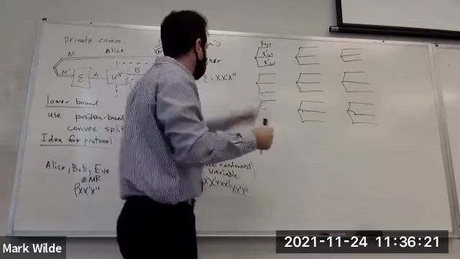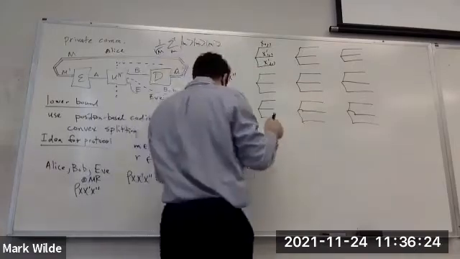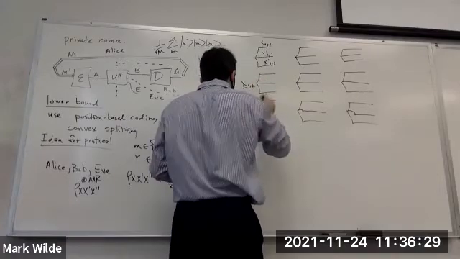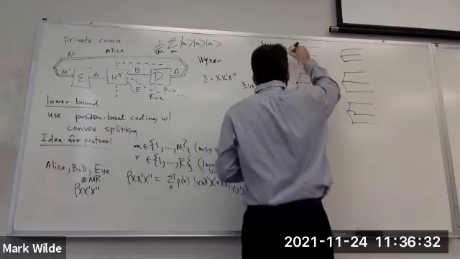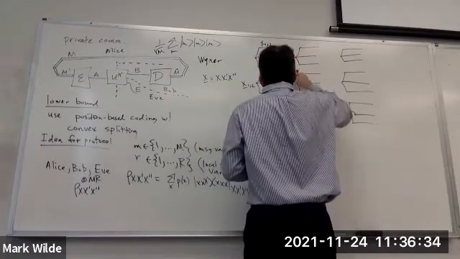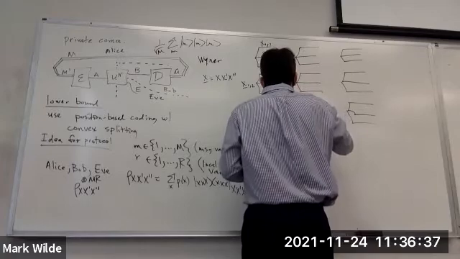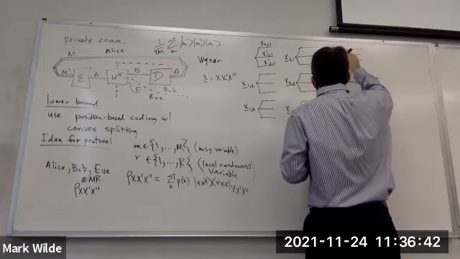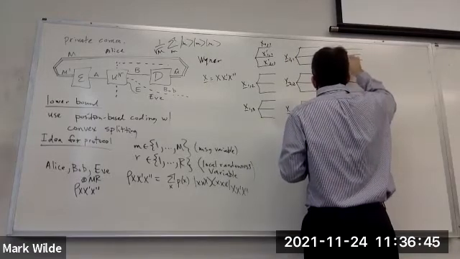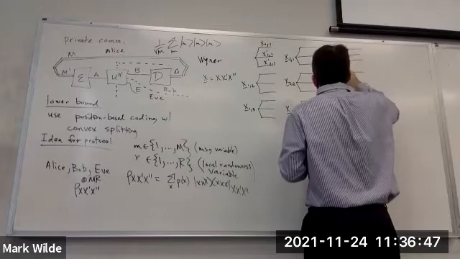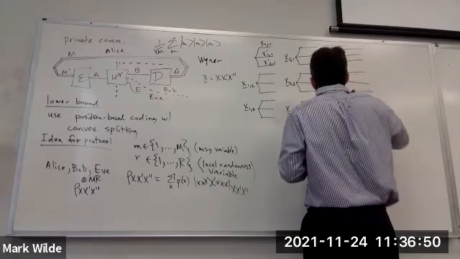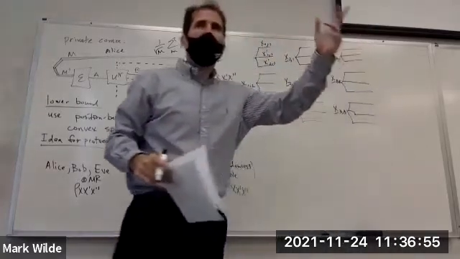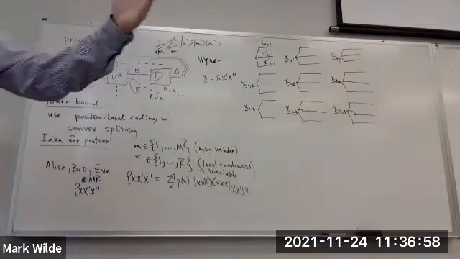So then I won't write all the labels in every single line. Okay, so this is the case when little m is 3, big M is 3 and big R is 3.